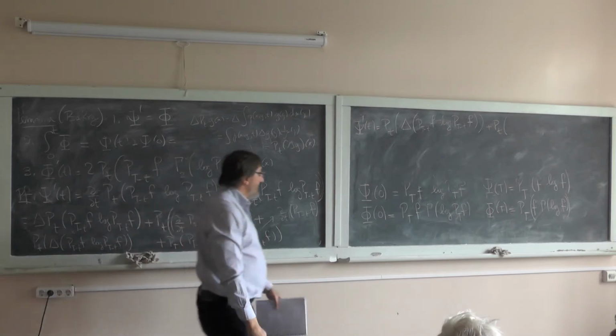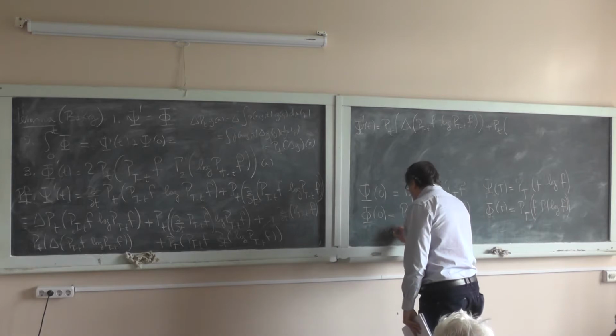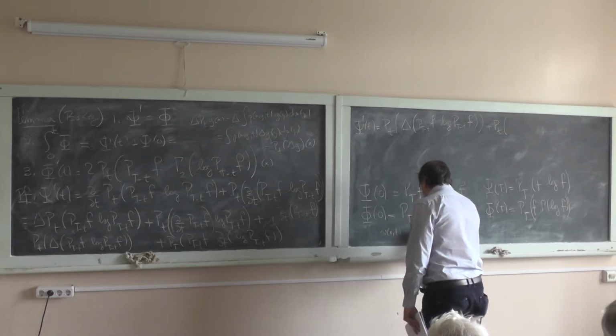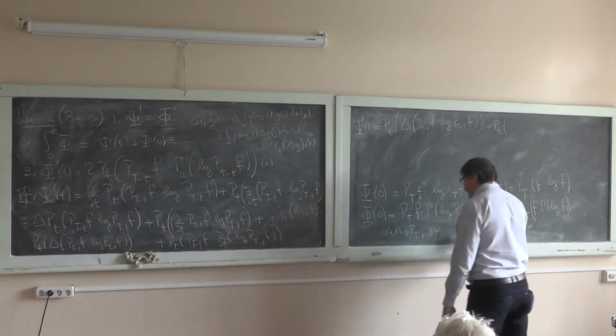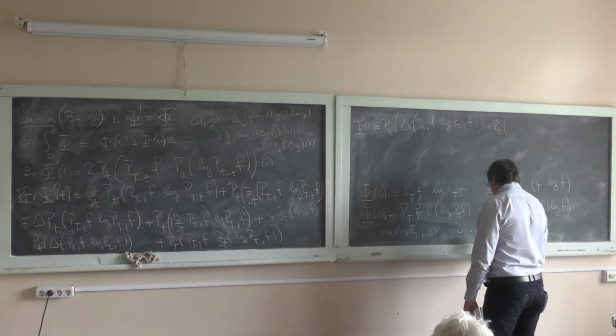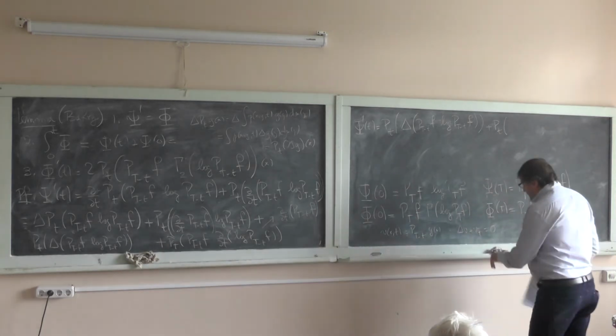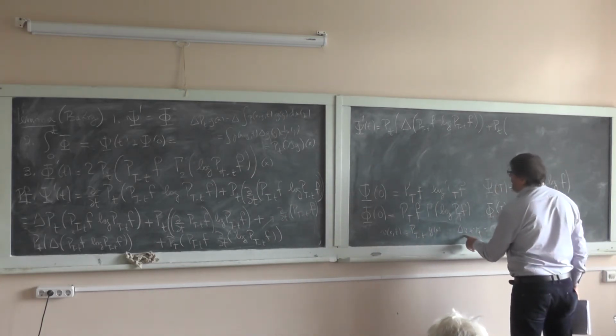So remember that v(x,t) equal to p_{t-t}g(x) satisfies the equation Laplacian v plus d/dt v equals 0. So d/dt of this object is equal to minus Laplacian.